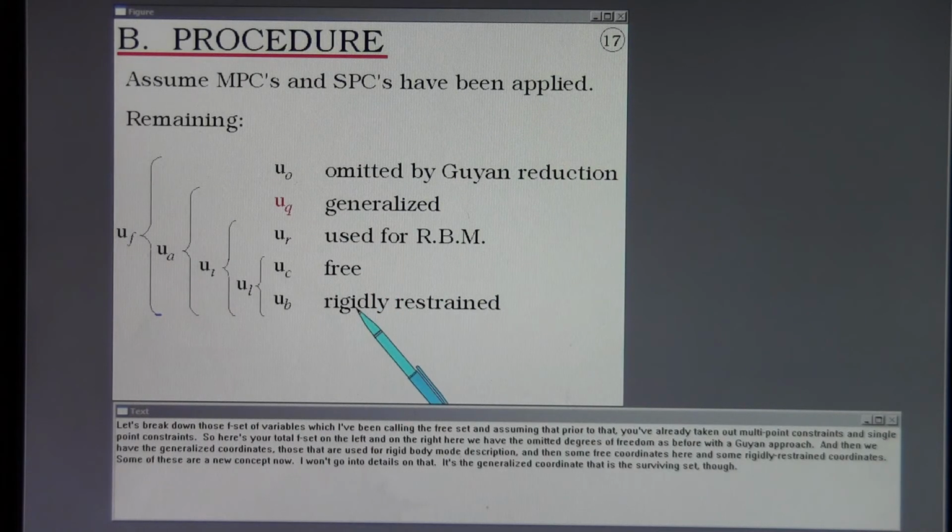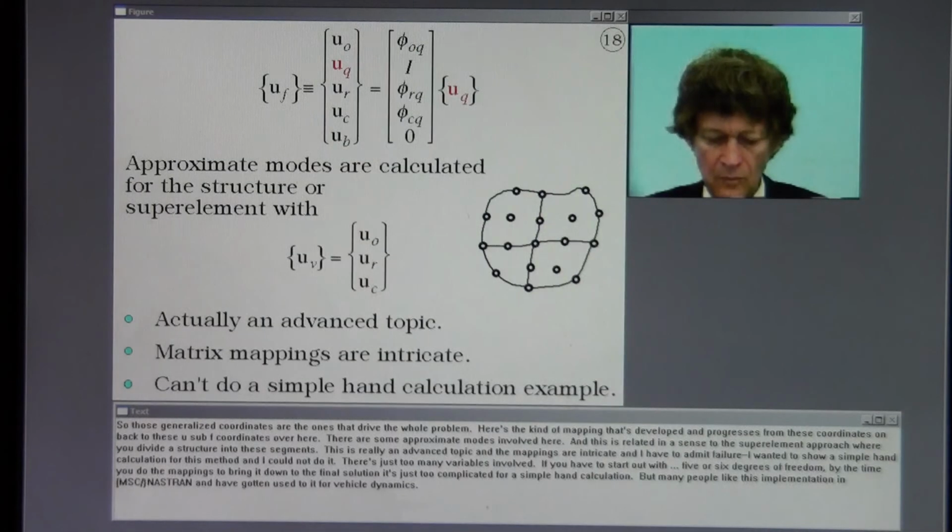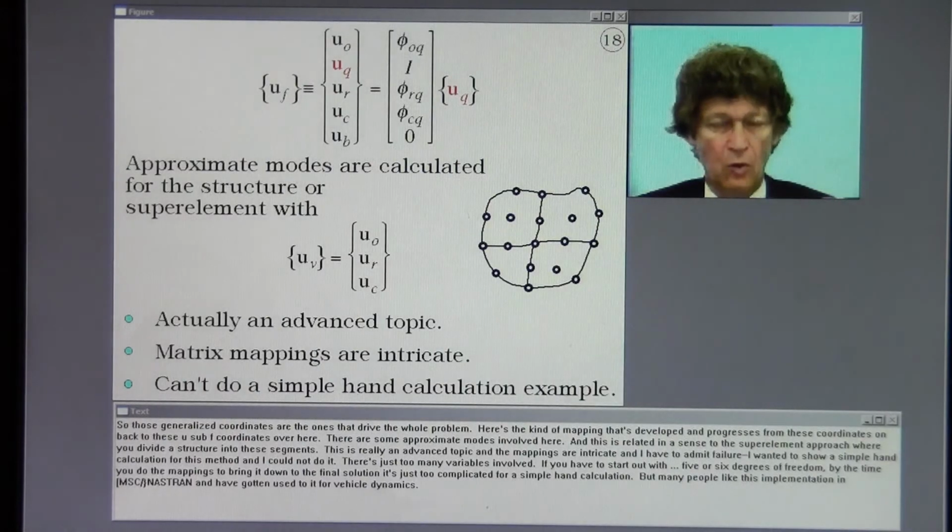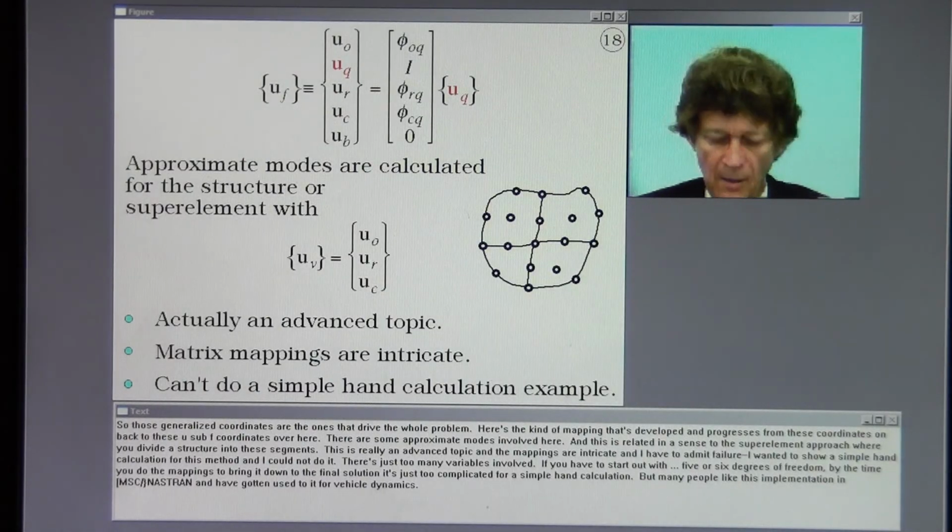Some of these are a new concept now. I won't go into details on that. It's a generalized coordinate that is a surviving set though. So those generalized coordinates are the ones that drive the whole problem.